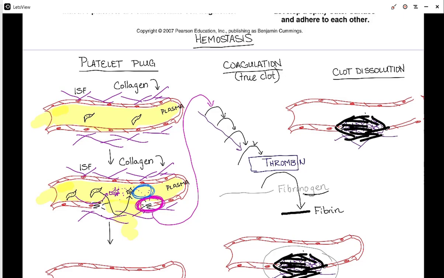So for clot dissolution, I want plasmin, which is an enzyme. I'll put a box over it. That takes my thick fibrin and cuts it up.